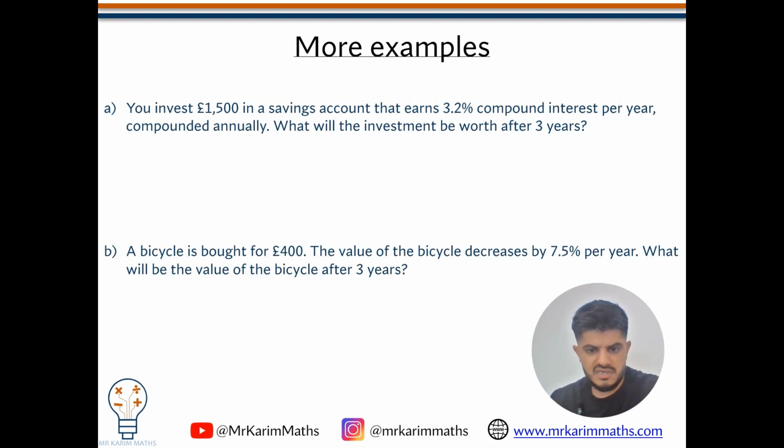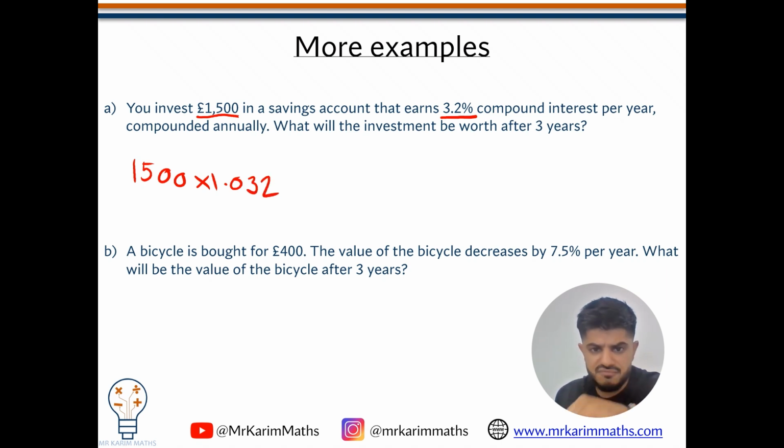Okay, let's look at a couple more examples. This one says you invest £1,500 in a savings account that earns 3.2% compound interest. What will it be worth after 3 years? As before, we outline the key information. My principal is 1,500. It's an increase in interest of 3.2%, so that's 103.2%, which is going to be 1.032.